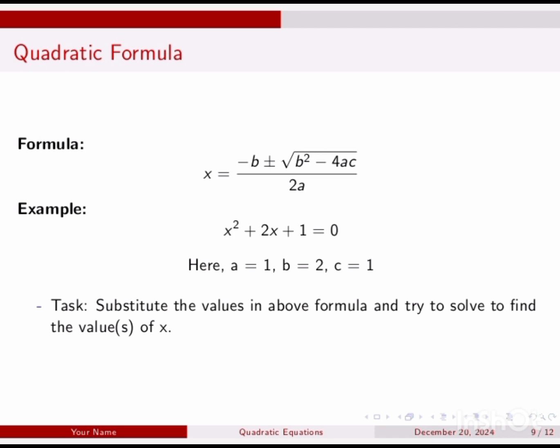That is why I told you at the start that whatever the method for solving a quadratic equation is, the result for every case would be the same. So now I encourage you to try substituting these values into the quadratic formula and solve for x.